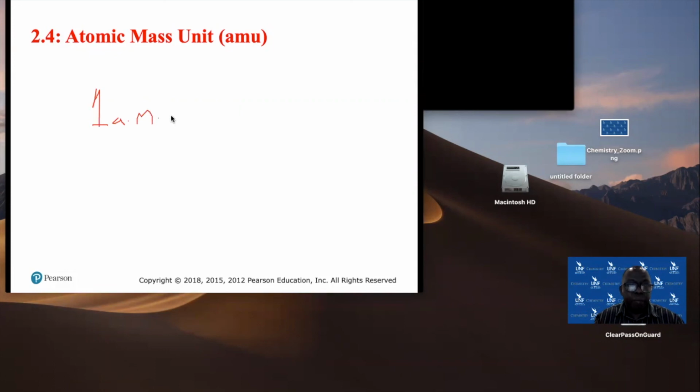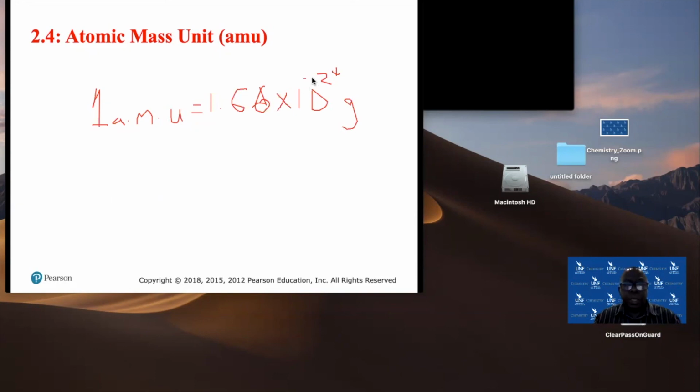1 AMU, which stands for atomic mass unit, is 1.6, I meant to say 1.66, times 10 raised to negative 24 grams.